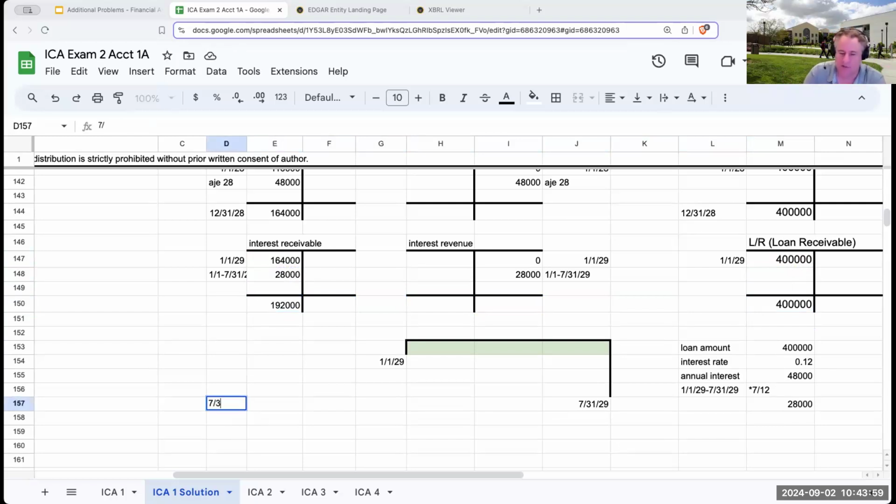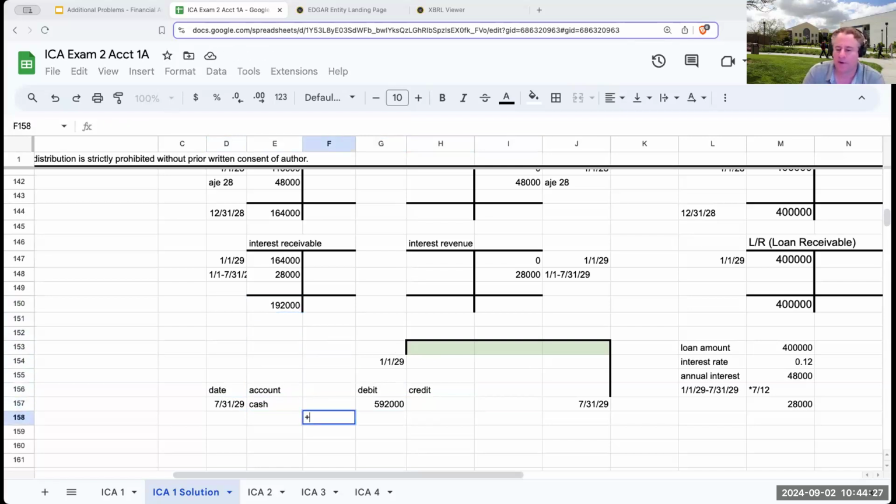Well, on 7/31/29, when I'm getting cash, the amount of cash I'm going to be receiving is the amount of the loan, or 400,000, plus the accumulated interest of 192,000.